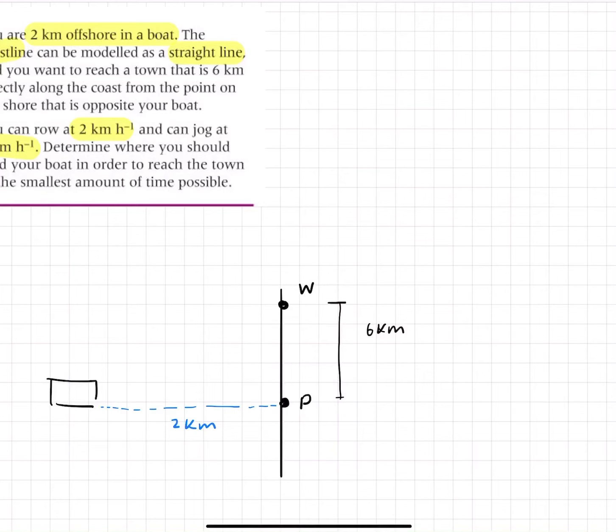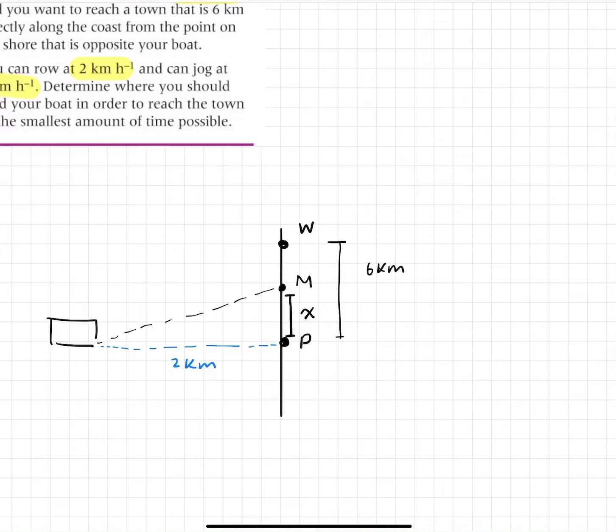So you have two options, really. We're going to have to land someplace along the coastline, and let's call this point M. Now, this distance here, we don't know. We'll just call it x, because we don't really know where we're going to land our boat along the coastline. M is just some random point for the sake of illustrating this question.